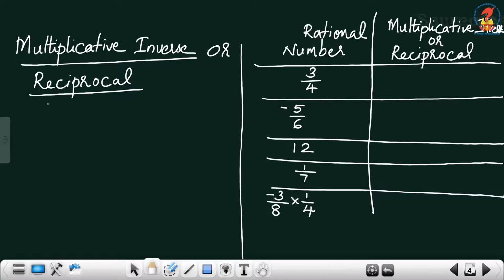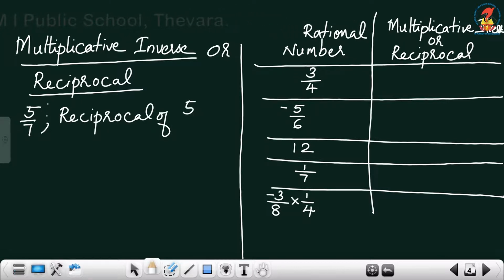Now, next one, multiplicative inverse or reciprocal. You know what is meant by the reciprocal. For example, a rational number 5 by 7 is given. What is the reciprocal of 5 by 7? How will we find the reciprocal of 5 by 7?